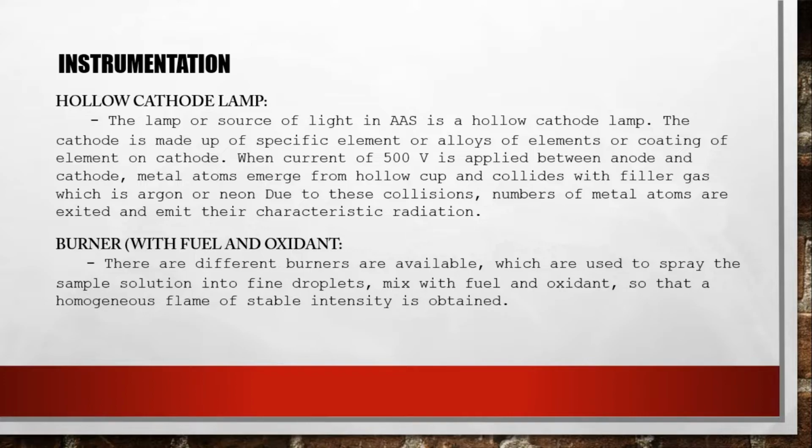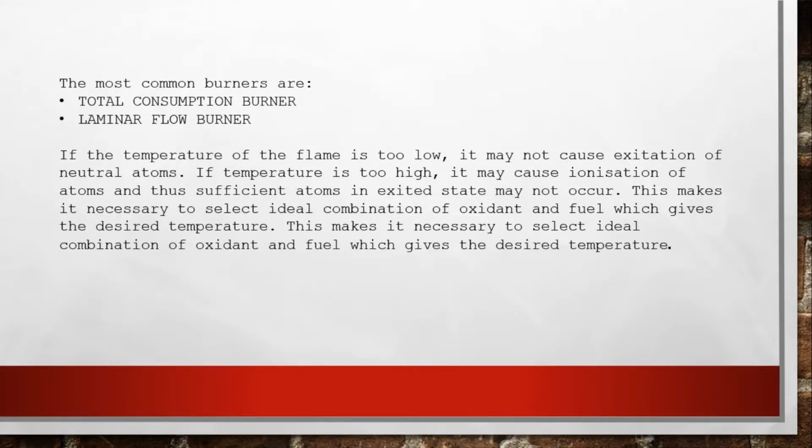The second one is the burner, with fuel and oxidant. There are different burners available, which are used to spray the sample solution into fine droplets, mixed with fuel and oxidant so that a homogeneous flame of stable intensity is obtained. The most common burners are the total consumption burner and the laminar flow burner.